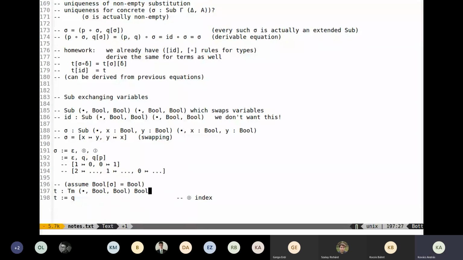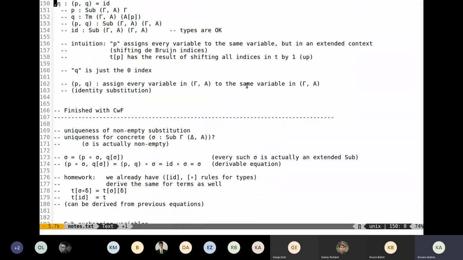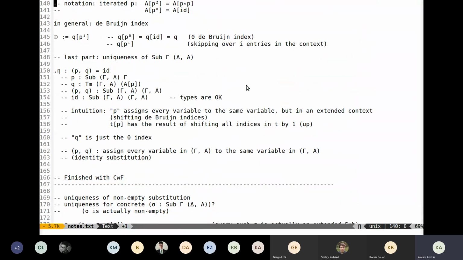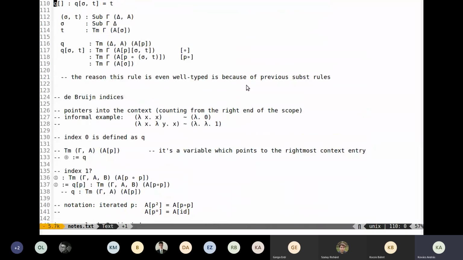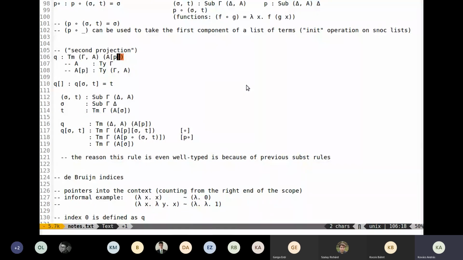That's why this is well typed, because normally Q would have some type with P. So if we go back to Q, Q returns in the extended type.